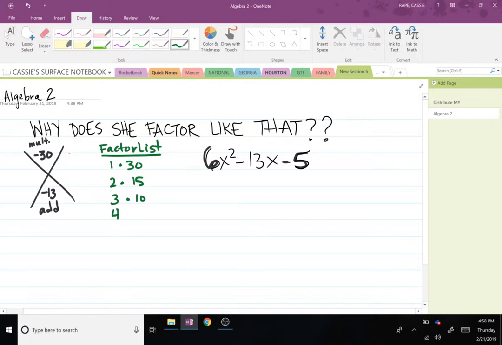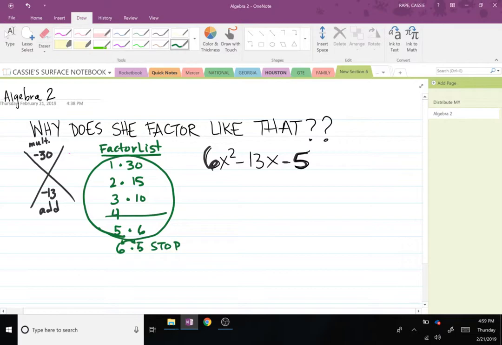Okay, 4 doesn't work. 4 does not go evenly into 30, so I'm going to mark through that. 5 is 5 times 6 equals 30. 6 is 6 times 5. Now, as soon as you start to see factors you've already listed, but they're reversed, you can stop. Okay, you don't have to go any further because what you have is an already complete list up above that.